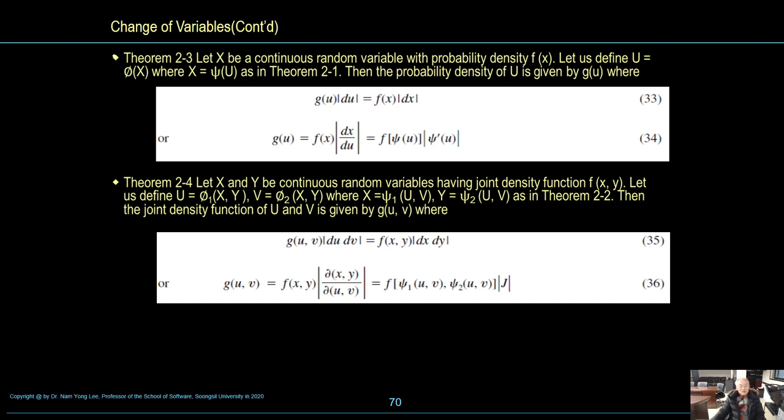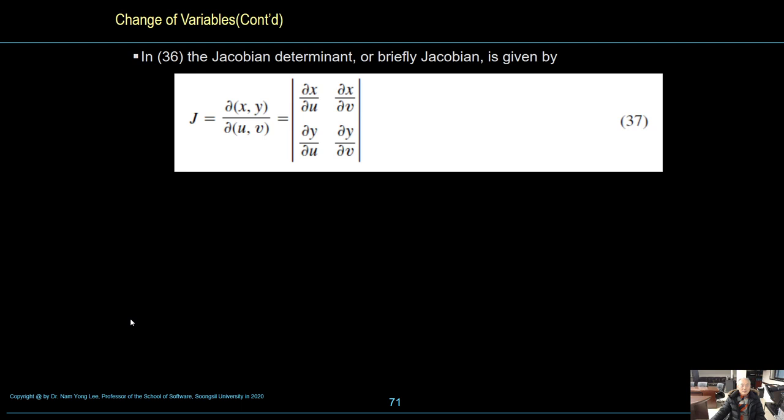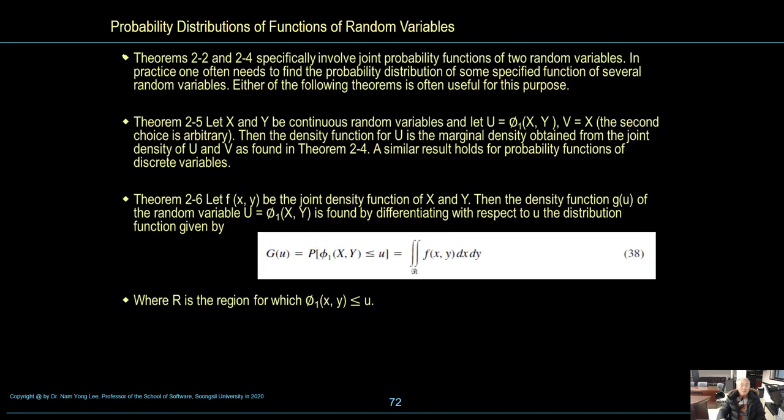Then the joint density function of U and V is given by g(u,v), where in formula 36 the Jacobian determinant, or briefly Jacobian, is given by formula 37, like this. Okay, let's think about the probability distribution of functions of random variables.